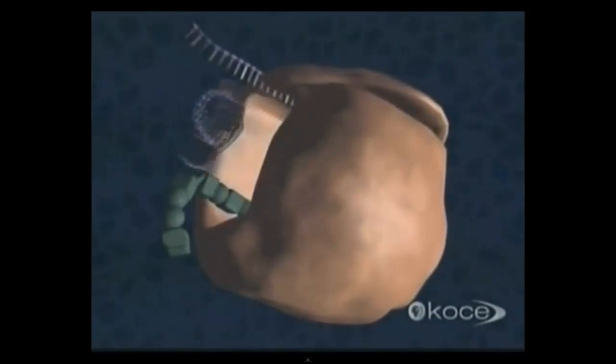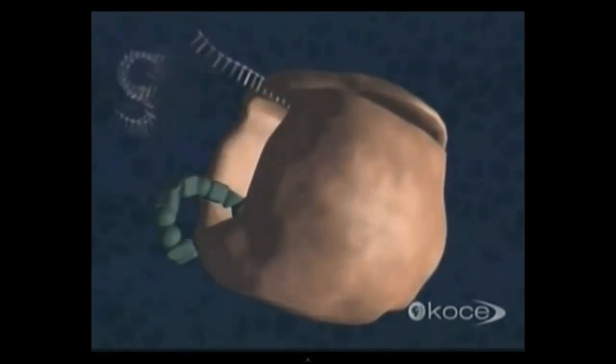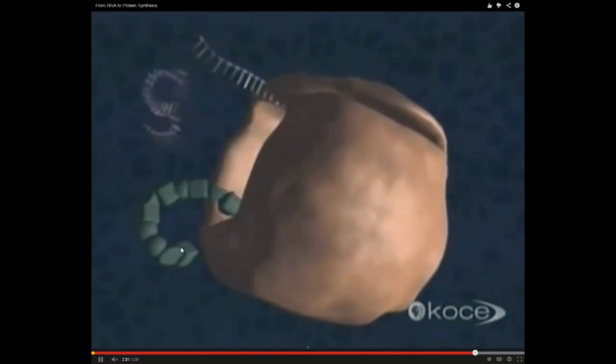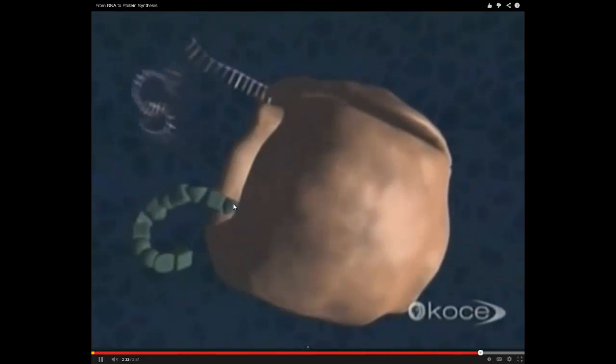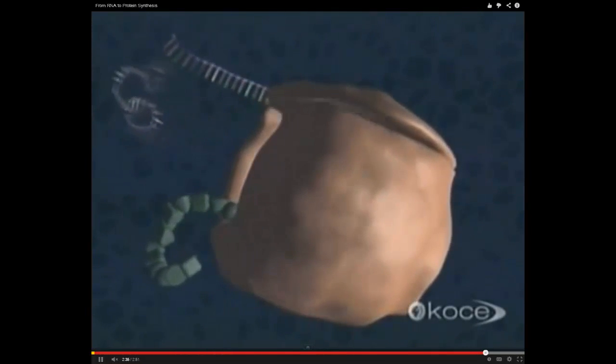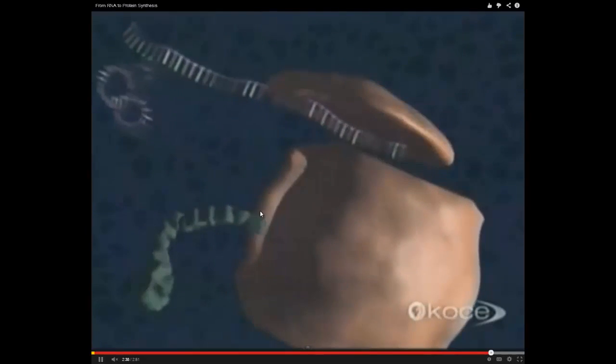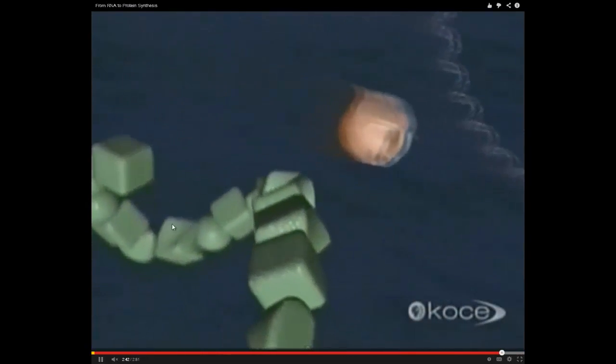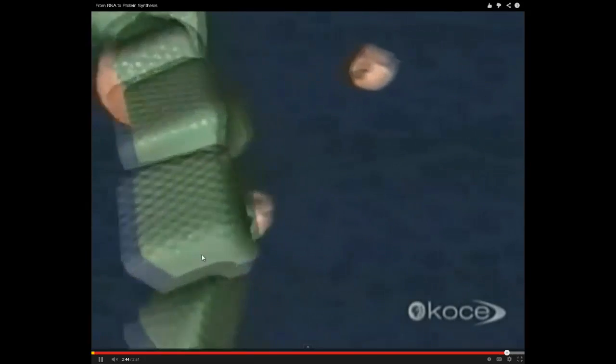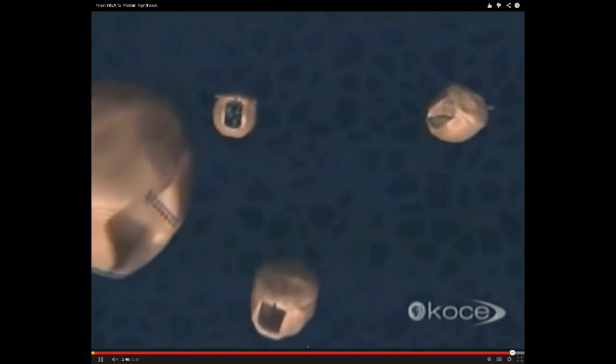So see the amino acids that were attached to those transfer RNAs? They're slowly bonding together to form a protein. So this here is a protein made up of individual amino acids. Again, here's the ribosomes with the transfer RNA and messenger RNA strand, all functioning together to build a protein.